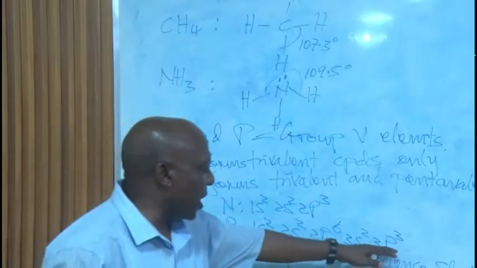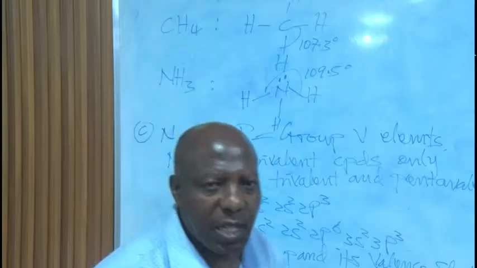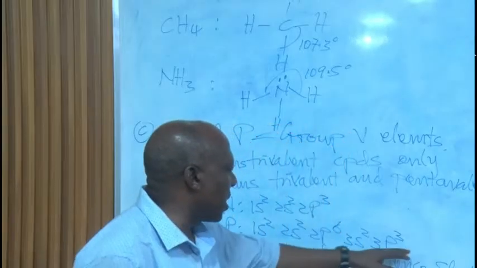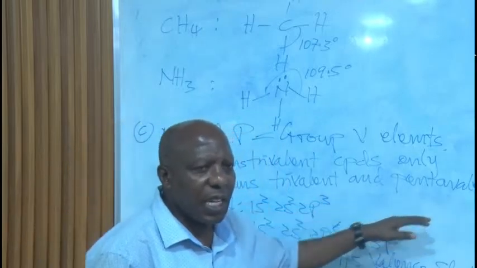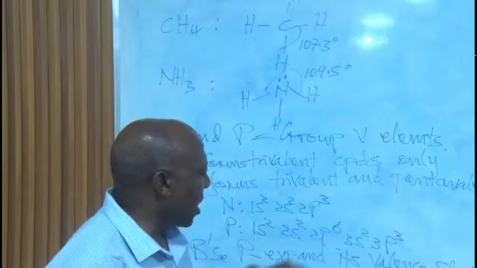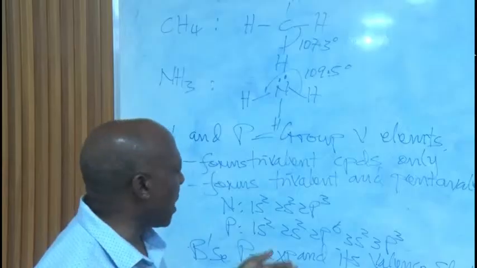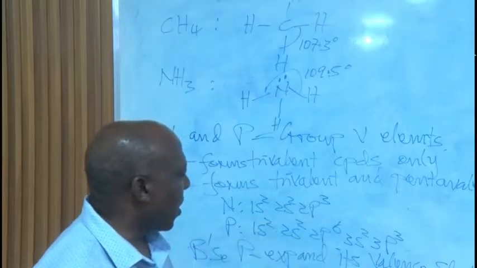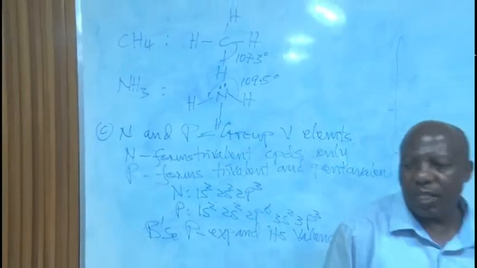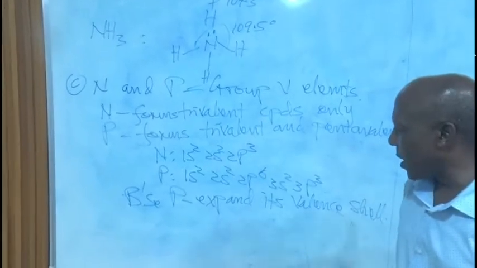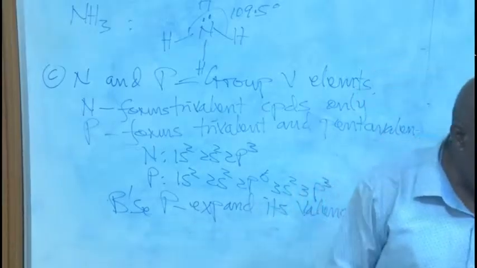Because we have a third energy level, phosphorus can use its 3d. By using its 3d during formation of a pentavalent compound, it has expanded its energy level. But nitrogen cannot, because it ends at the second energy level, in which there is no d orbital. So phosphorus can expand its valence shell, which enables it to form pentavalent compounds as compared to nitrogen.